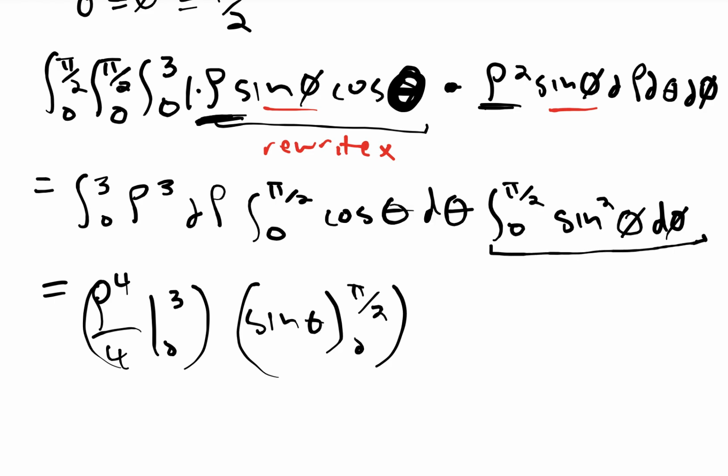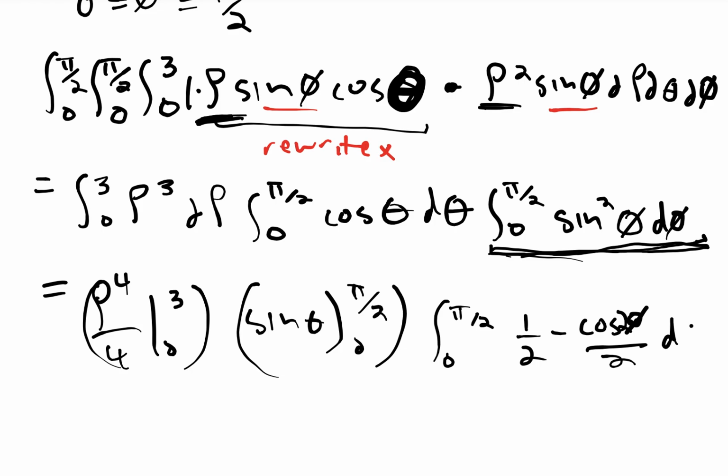A comment that I'll make about this unit: since we are dealing with a lot of trig functions, sometimes you will have to dust off those trig techniques that we did back in Calculus 2, so things like using U substitution, using half-angle identities. So here, this would probably be a good technique: cosine 2 phi over 2.